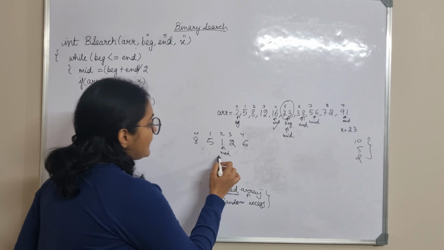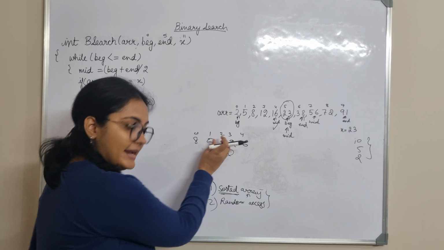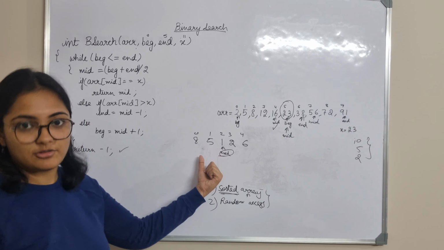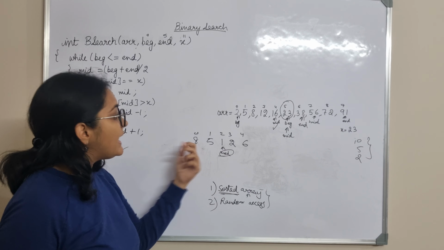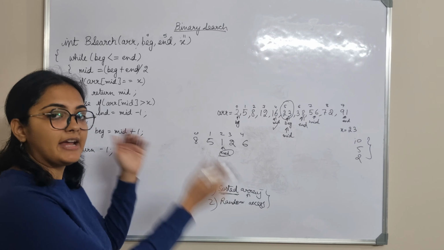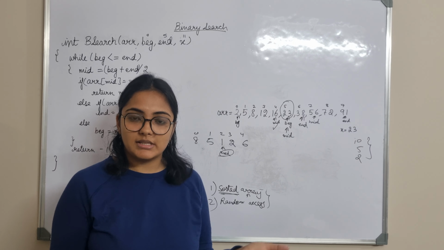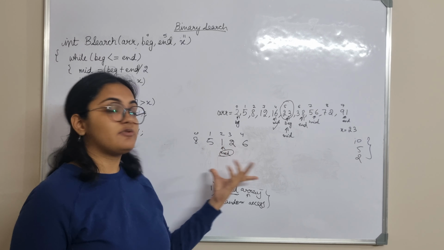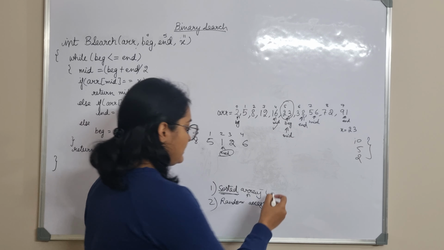It will say the middle element is less than 8, so it will be on the right side, but we can't be sure of that because the array is not sorted. If the array is not sorted, we can never be sure whether the element will lie on the left or the right. That's why we cannot reduce the search space, and that's why we can only use binary search on sorted arrays.